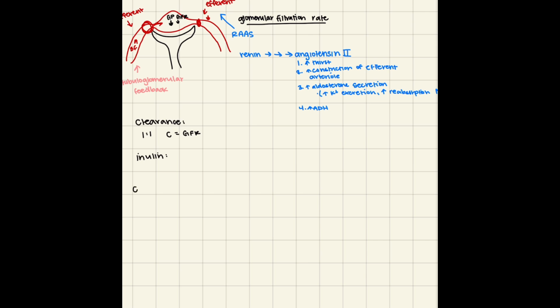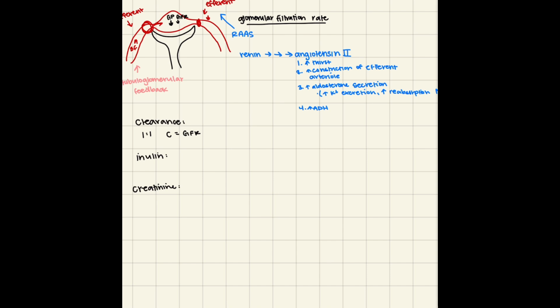Another one is creatinine. Creatinine is naturally occurring in the body, so we know that everybody will have creatinine. So we don't have to do this whole process where we monitor your urine for a long time while we wait for all the inulin to come out.